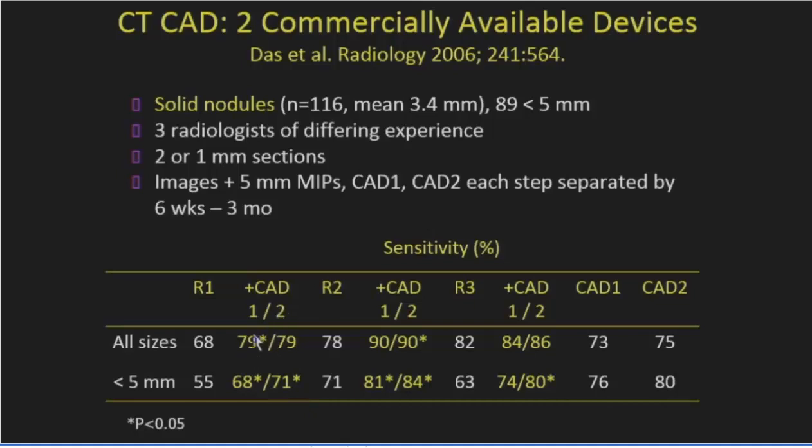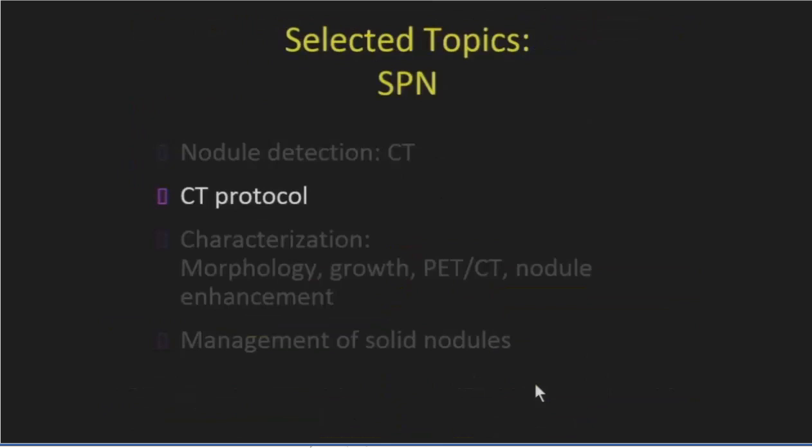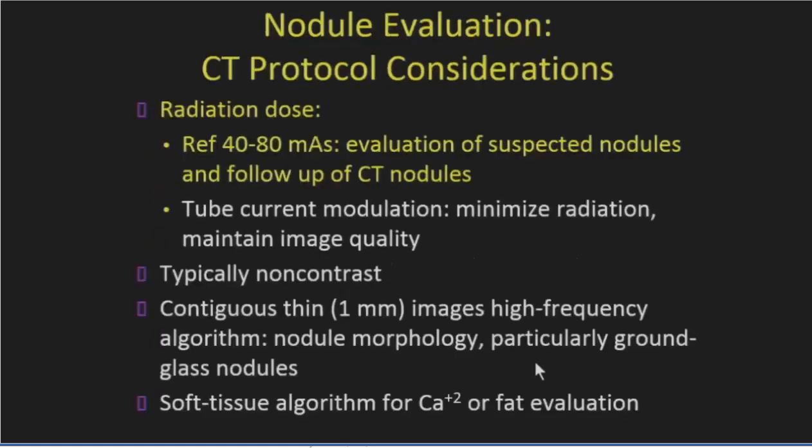These are the sensitivities of the readers with the addition of CAD, and we can see the asterisk noting the increased sensitivity for lung nodules with CAD. Now that was for solid nodules. Subsolid lesions with CAD have been investigated to a lesser degree, but as we become more aware of subsolid nodules, we'll see more of the devices directed towards these.